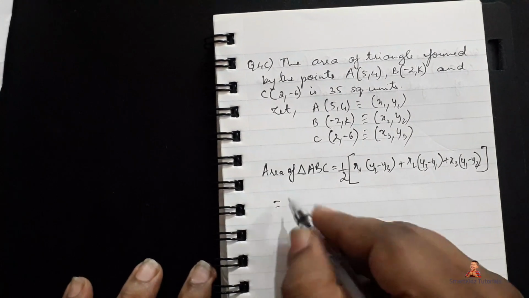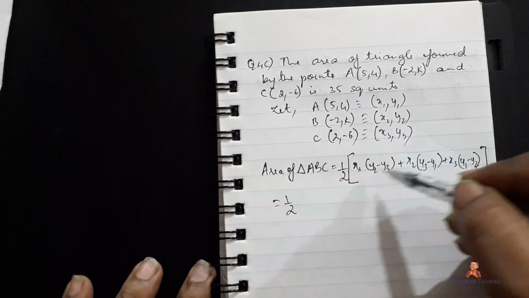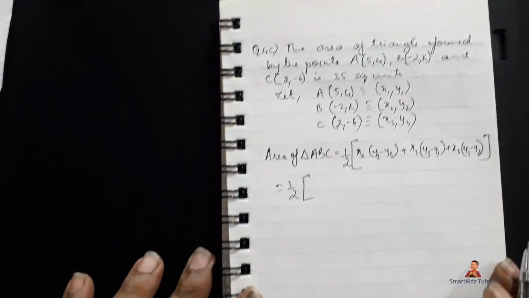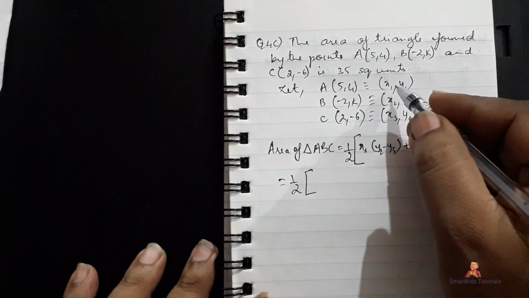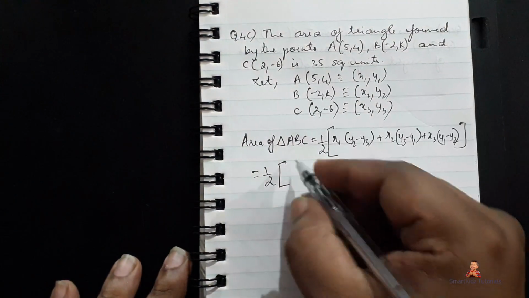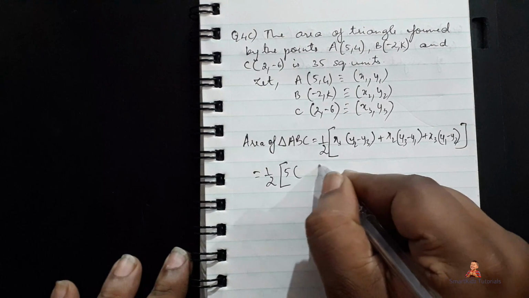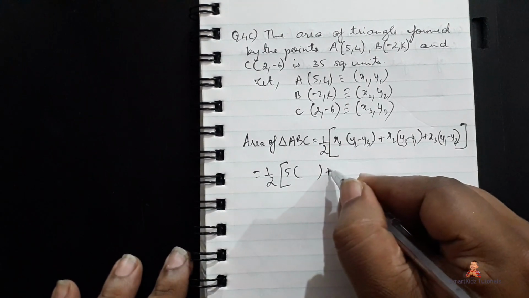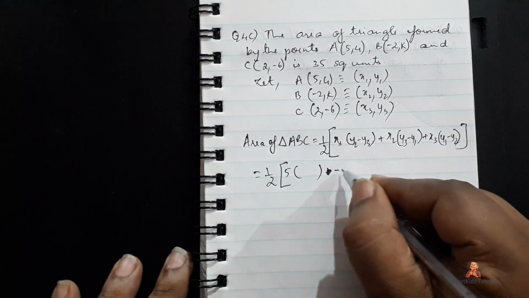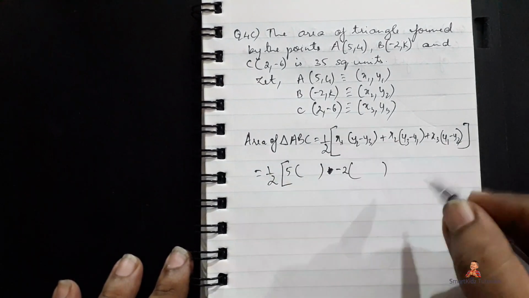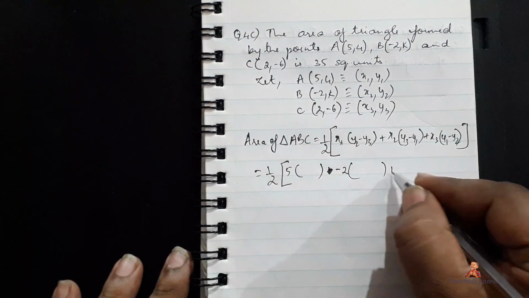Now let's put these values over here. So half into x1, which is 5. I'm going to put 5 here, plus x2, which is actually minus 2, so I'm going to cancel this plus and put minus 2 over here. Then positive 2, that is x3.